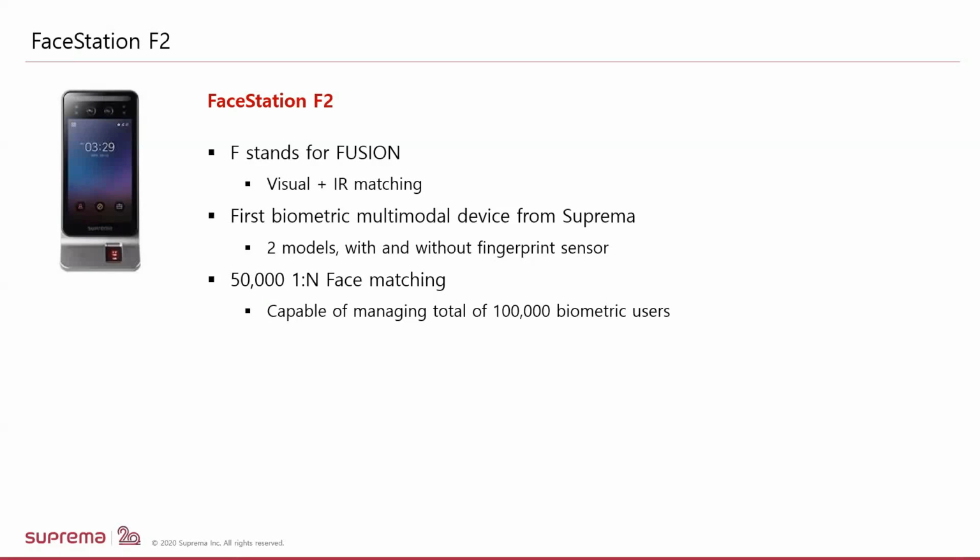Also, it is capable of managing a total of 100,000 biometric users, which means you can also have 100,000 fingerprints stored for users. The math could be a little confusing, because it's a bit different from what we have been doing so far, because of the mixture of the biometric credentials.